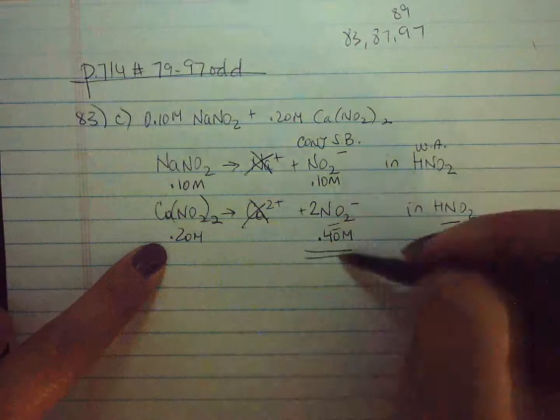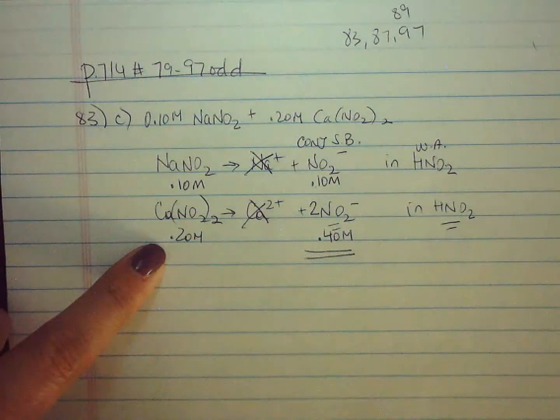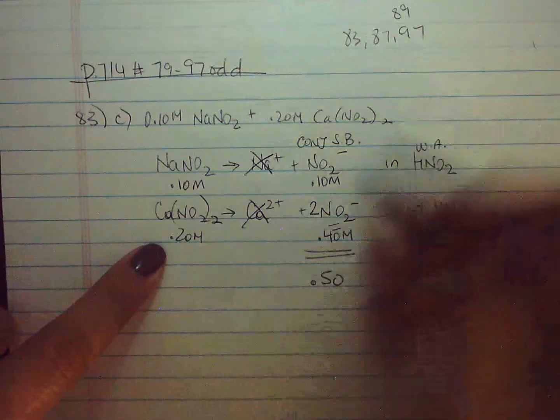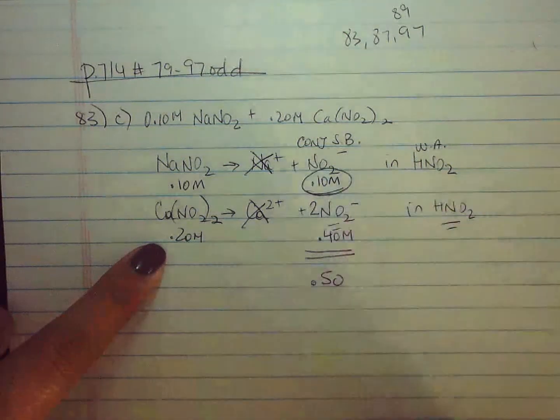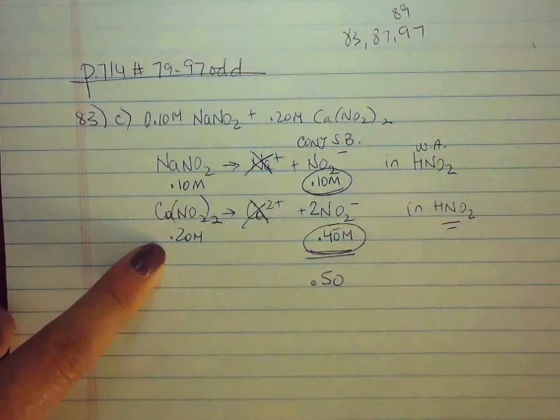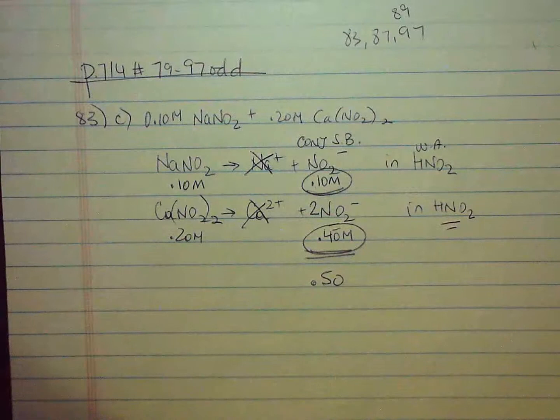What is the total amount of nitrite in solution here? 0.1 plus 0.4 is 0.5, right? So all I did is I took the nitrite made by the first salt and added it to the nitrite made by the second salt that are mixed together, all right?